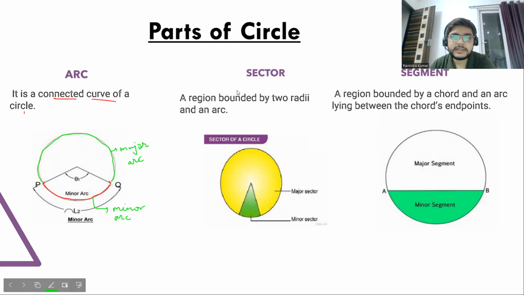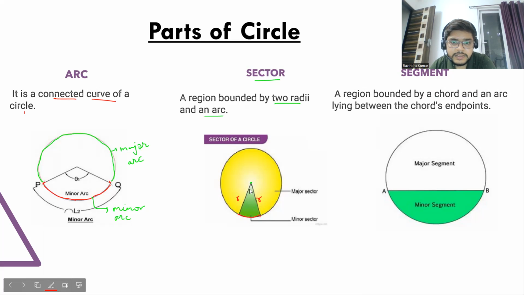Now let's come to the sector. A sector involves two radii and an arc. It is a region bounded by two radii and an arc. What is meant by radii? Radii is basically the distance from the center to the boundary. You can see from here the distance from the center to the boundary is, let's say, R, and this is also R because the distance is the same. And the arc is this one.